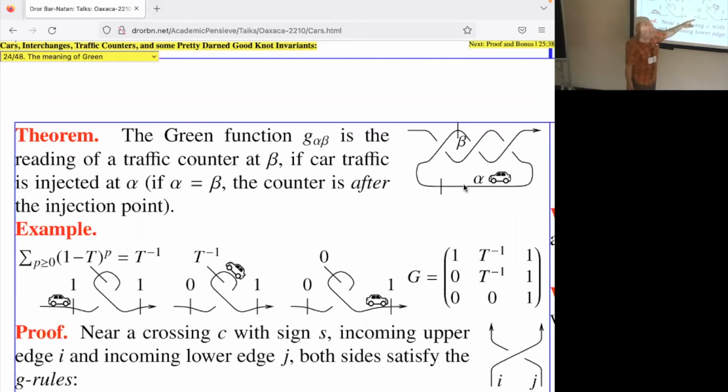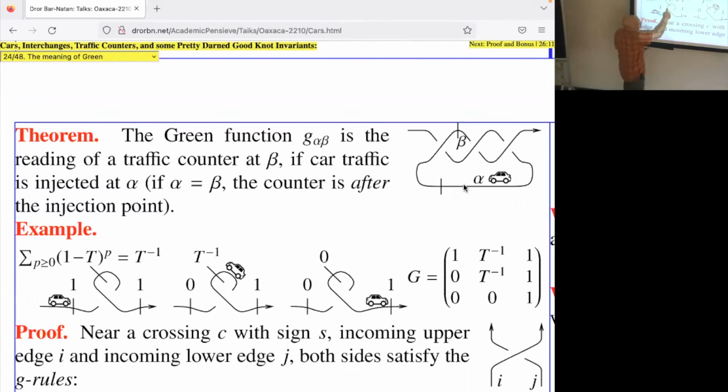Now, what about a traffic counter placed here? A car injected here will go under with no change, so you'll have 1 continuing. And then with probability 1 minus t, it will drop down. So the counter here will measure 1 plus 1 minus t.